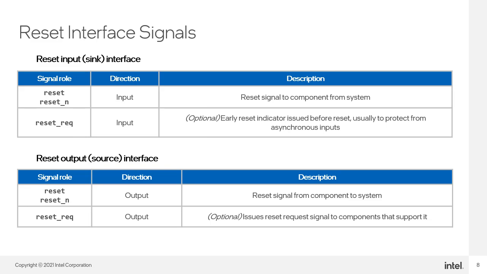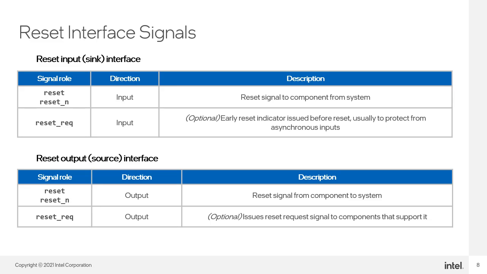While not required, it is recommended that every component have at least one reset interface. Platform Designer will generate warnings for a custom component that does not include a reset input interface. The reset signal can either be active high or active low.